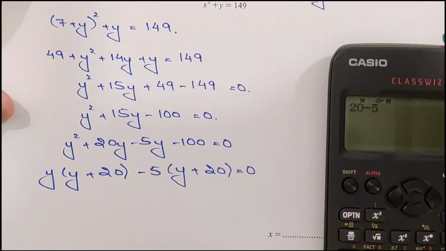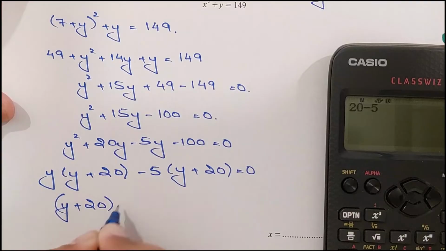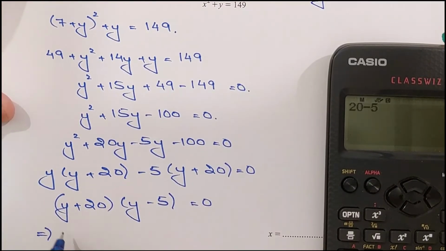So the two factors are (y plus 20) and (y minus 5) equals 0. So here we have two values for y: y equals 5 and y equals minus 20.